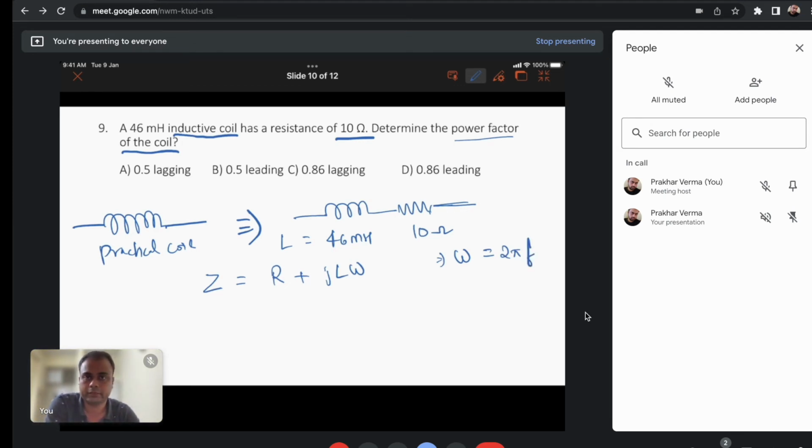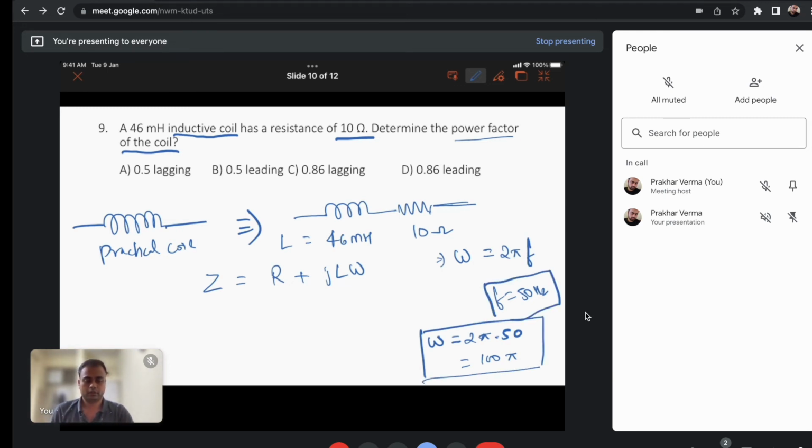So in India we have 50 hertz of AC supply, so we'll be taking f equal to 50 hertz. So omega becomes 2 pi into 50, that is 100 pi. Okay, so they haven't mentioned this value, we have to take this as a default value.